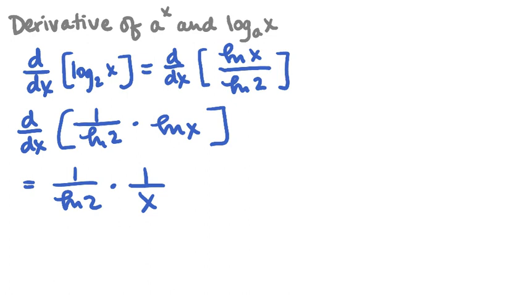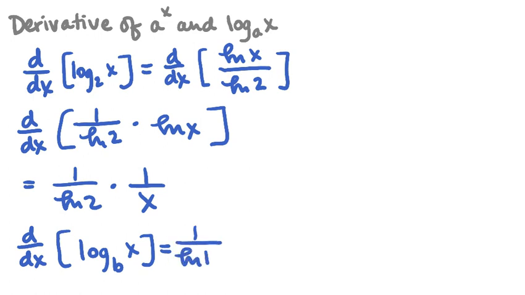So the rule in general is that the derivative of log with base b and argument x is going to be 1 over the natural log of b multiplied by 1 over x. Okay. And that's just something I'd throw in there.